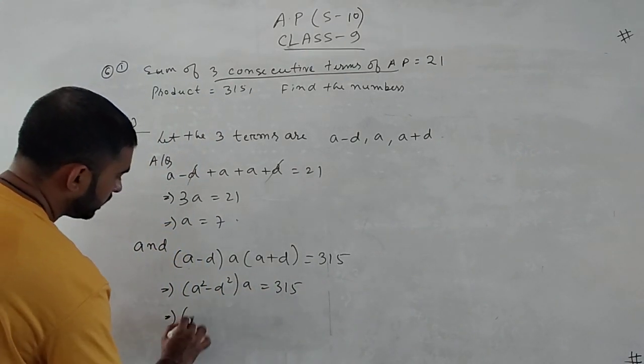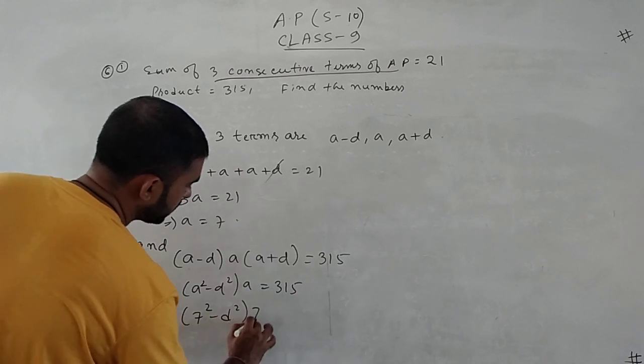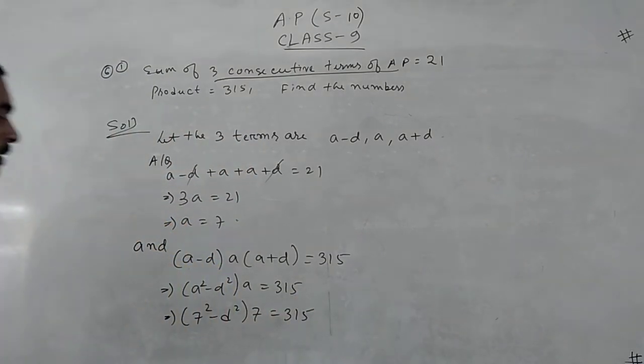Now a equal to 7, so 7 square minus d square into 7 equal 315.